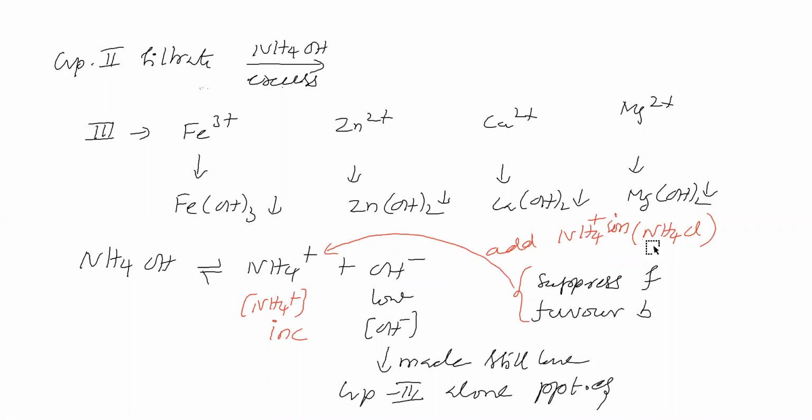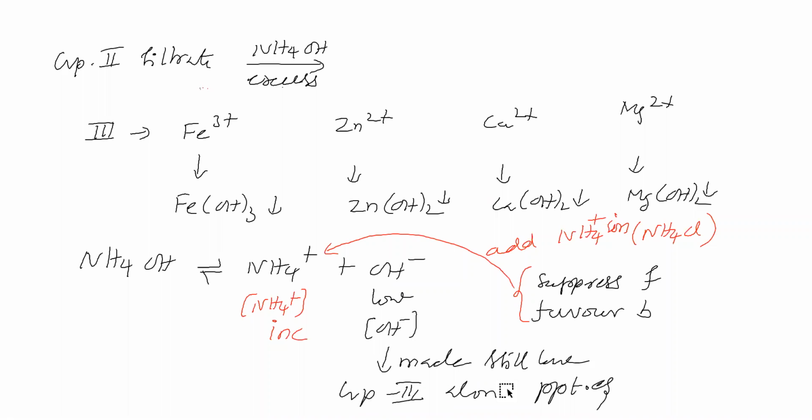You are adding ammonium chloride here. Ammonium chloride is providing ammonium ions, so you are increasing the concentration of ammonium ions and decreasing the concentration of hydroxide.